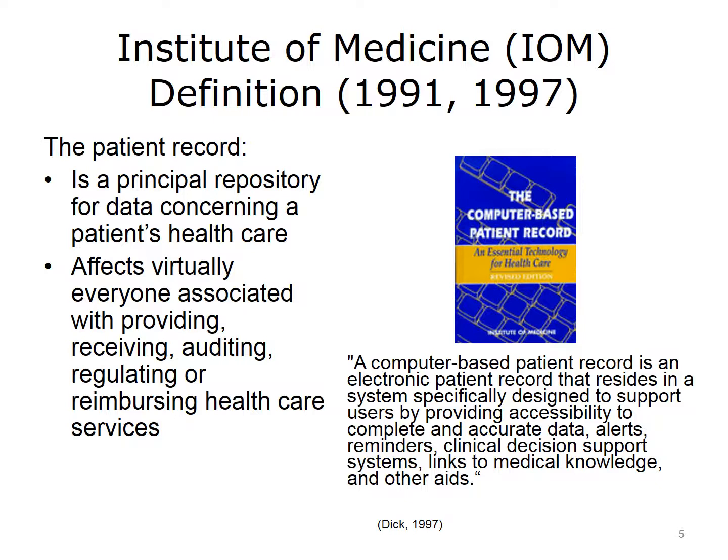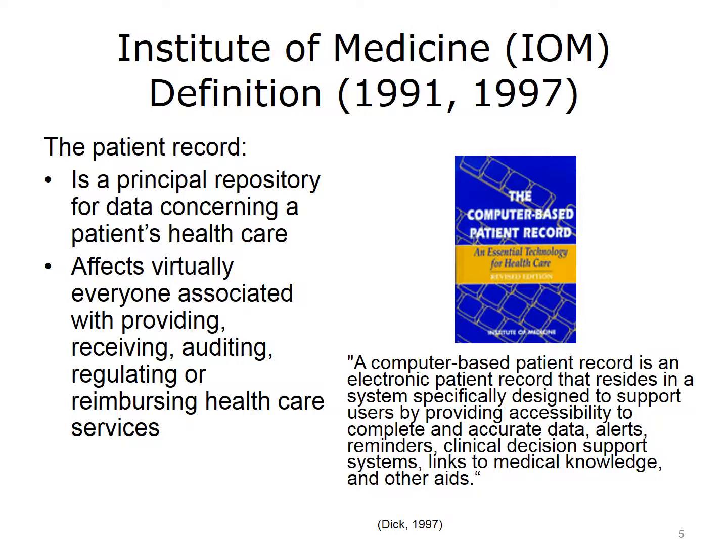The IOM definition is a principal repository for data concerning a patient's health care that affects virtually everyone associated with providing, receiving, auditing, regulating, or reimbursing healthcare services (Dick, 1997).